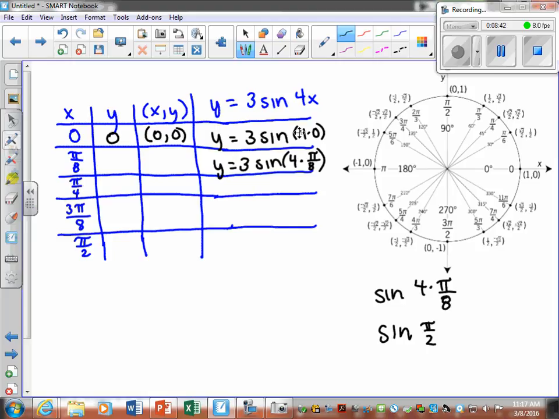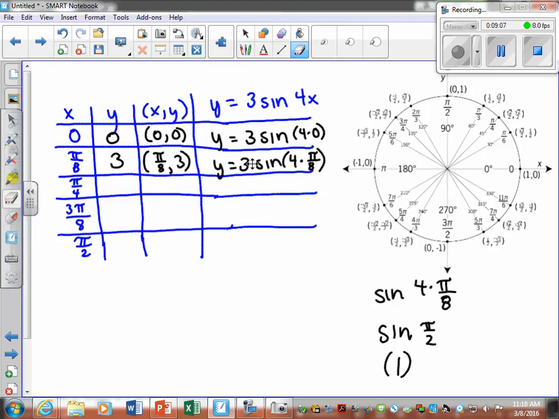Let's go to the unit circle and find the sine of pi over 2. What's the sine of that value? The y, remember? Good. So this is just 1. And all of this simplifies to be 1. Well, what's 1 times 3? 3. So it's the ordered pair pi eighths comma 3.